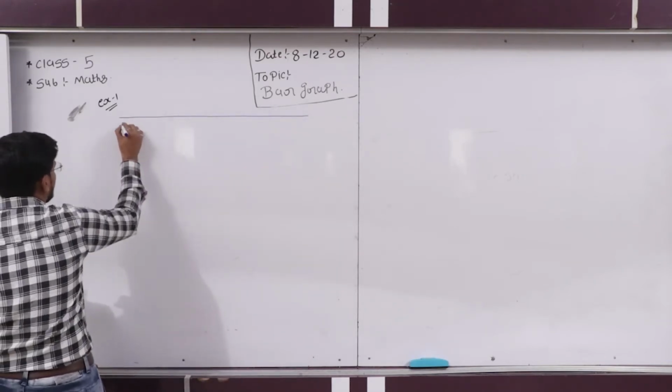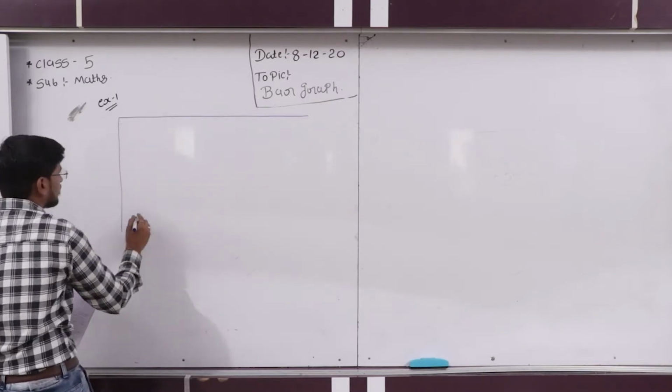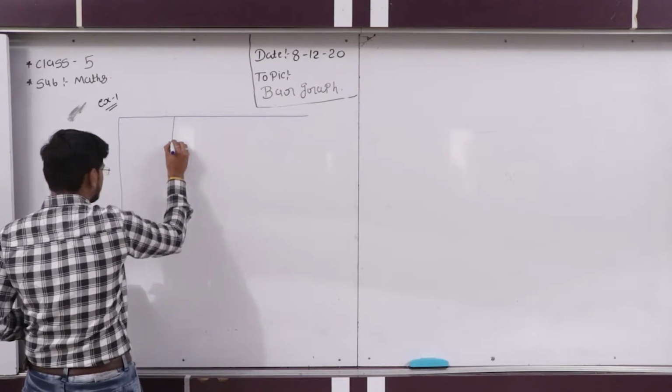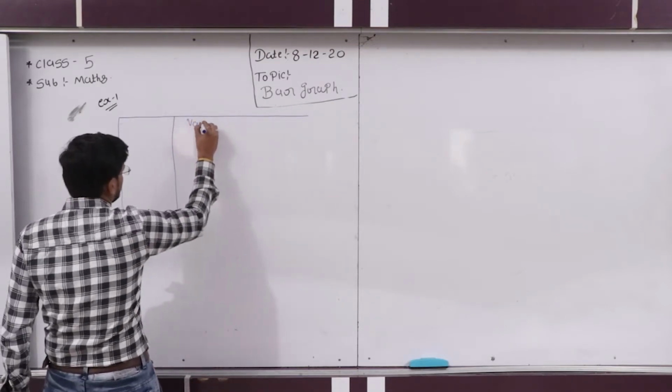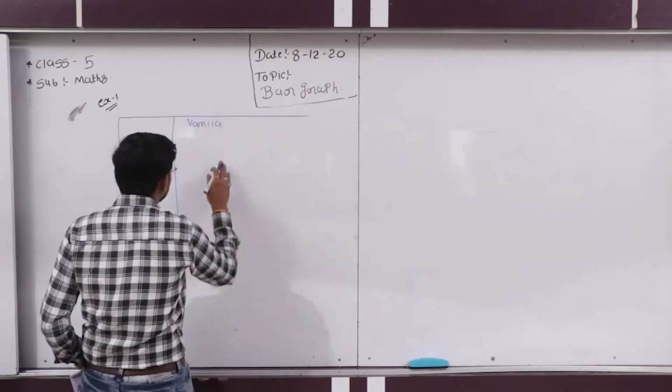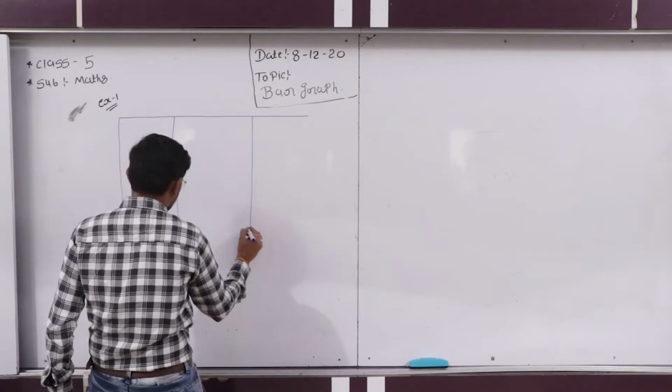First column is for class. Second is for vanilla. And third is for chocolate.